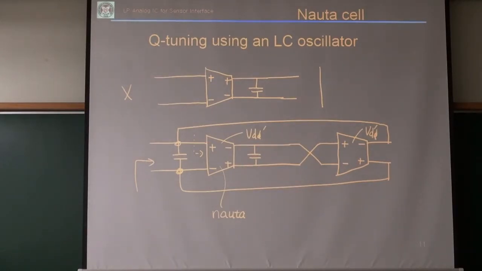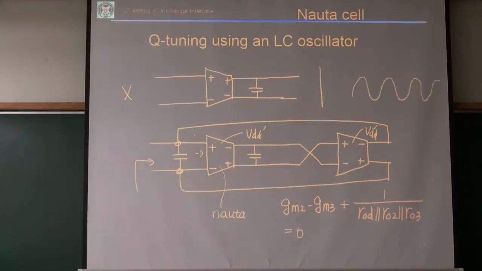So if my output resistance, you know, GM2, GM3, and all those resistances, if this conductance becomes 0, then the output will have some oscillation, right? Frequency is dependent on GM over C. Actually the frequency is square root LC. Oscillation frequency is like that.